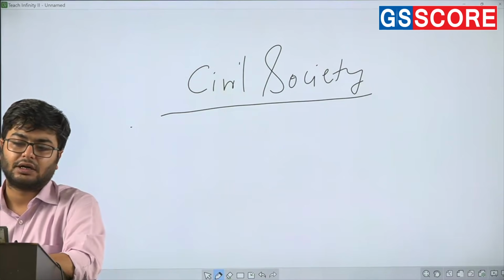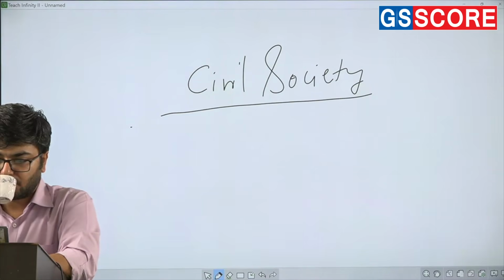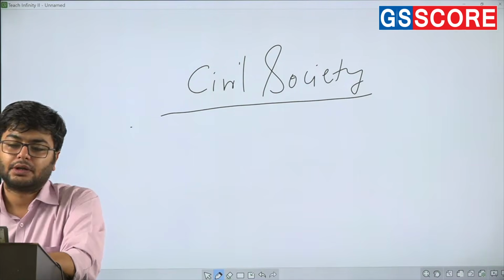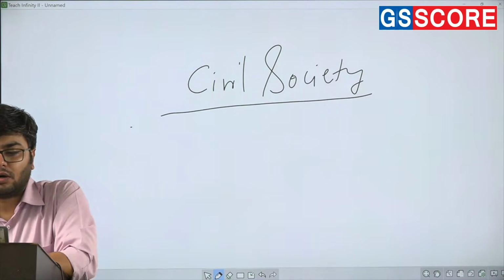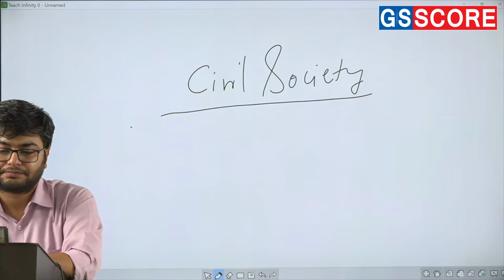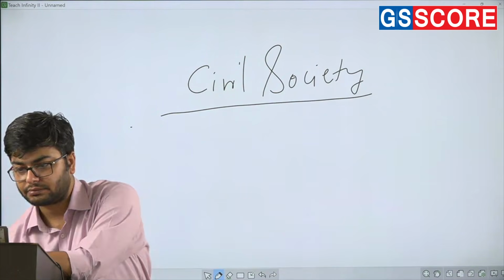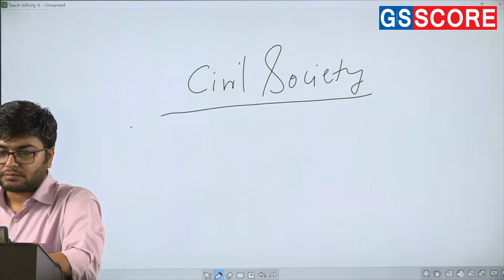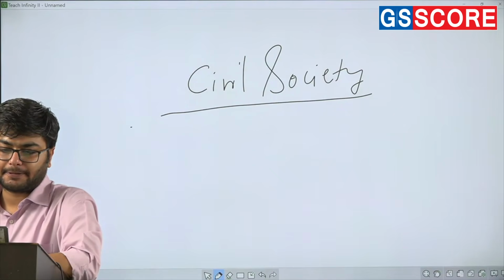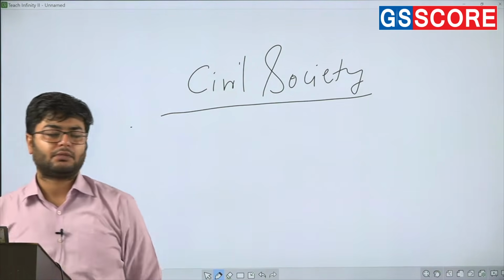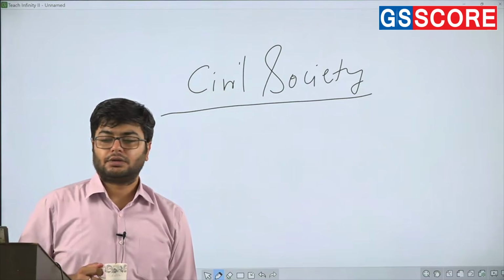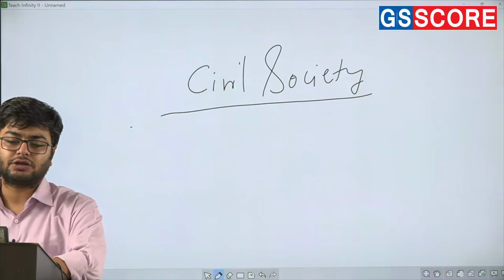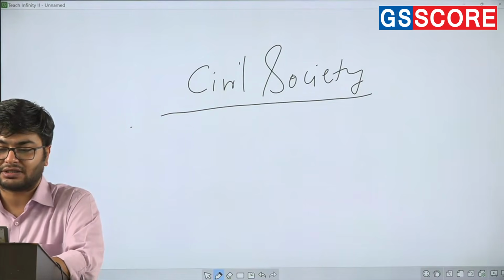S.K. Das defines civil society as the organized society over which the state rules. Next, the view of George Huggins.